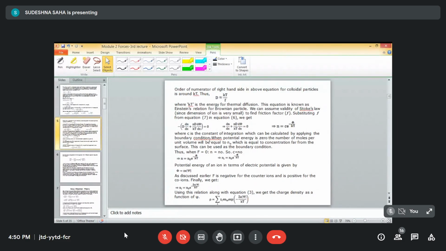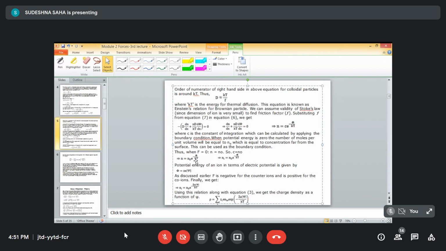So when phi equals 0, n equals n naught, so c equals n naught, and you can put it into this equation to obtain the final equation for Ni.